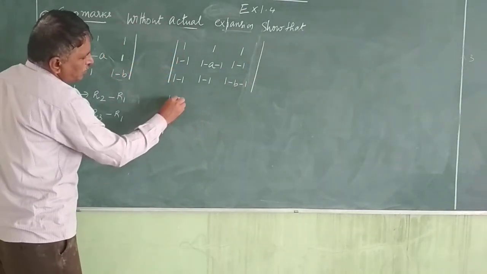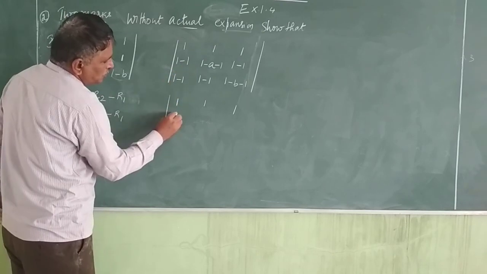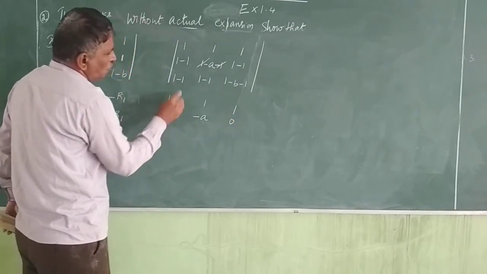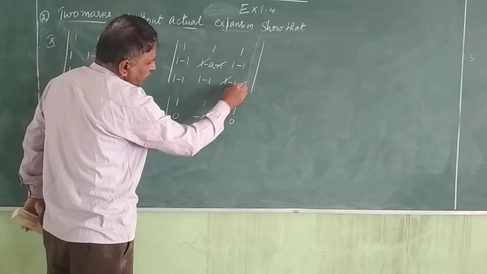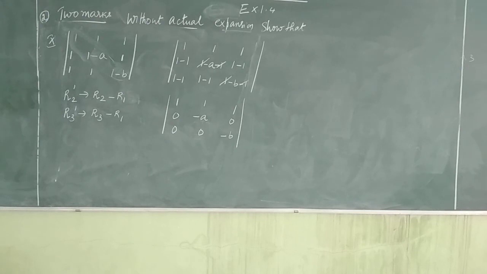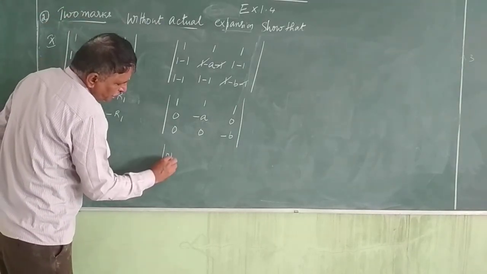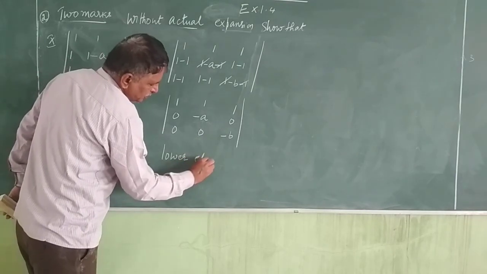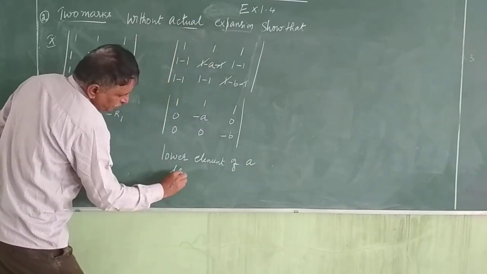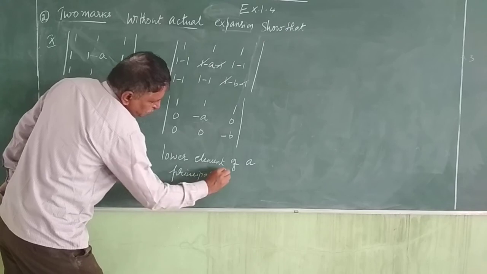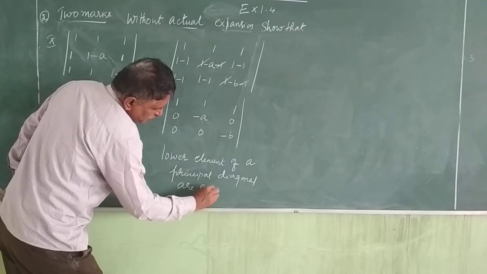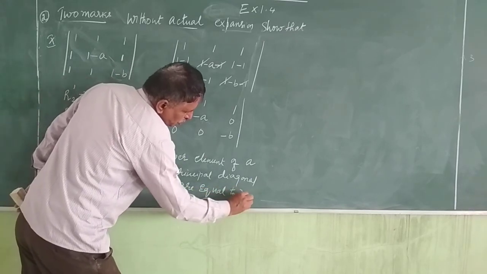Now very clearly what happened? 1, 1, 1; 1 minus 1 is 0, minus 1 plus 1 will get cancelled, we get minus A, and this will be 0. Then 0, 0, and I get minus B. Very clearly the elements lower than the principal diagonal are equal to 0.